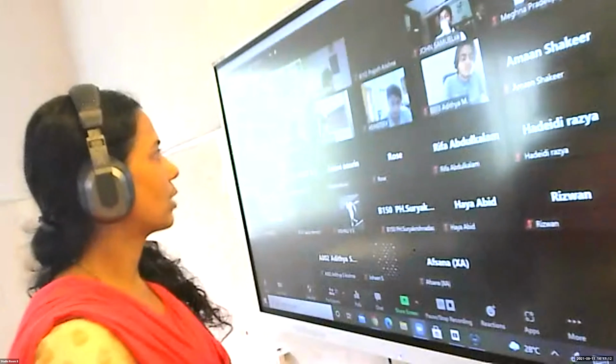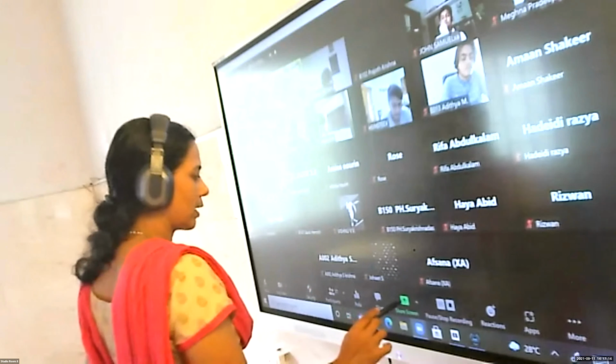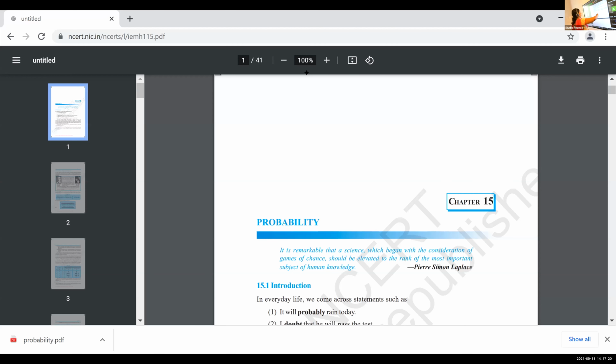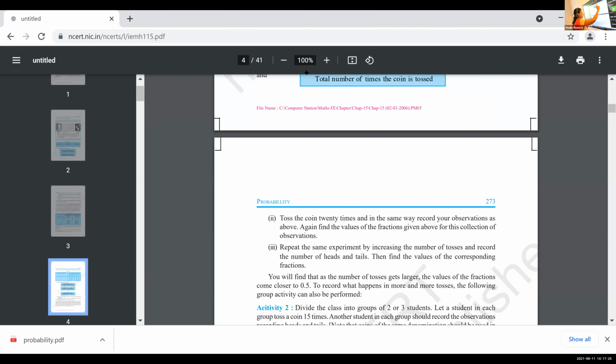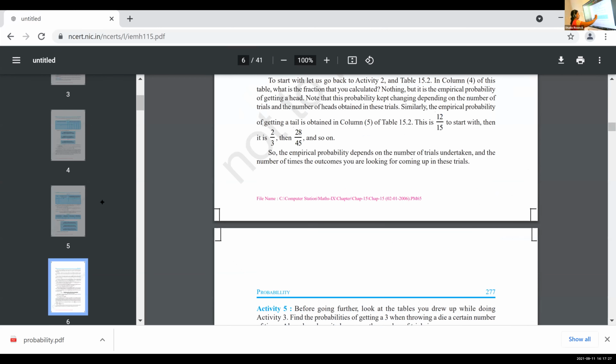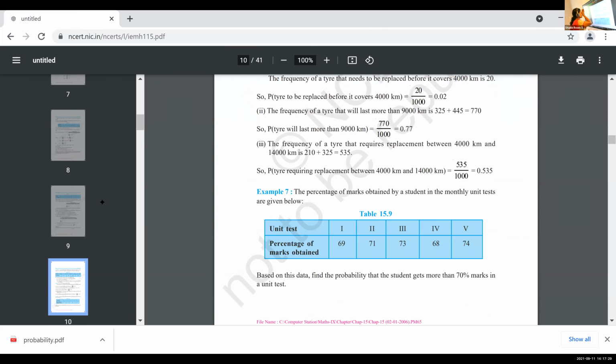Is it clear? Now look at the next question. It will be asked as a case study question, and you have to answer it.